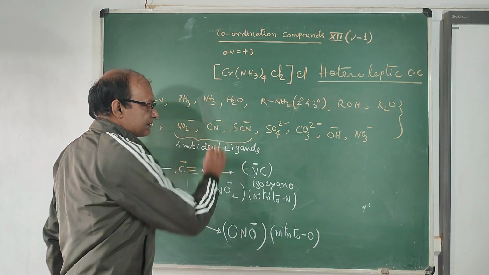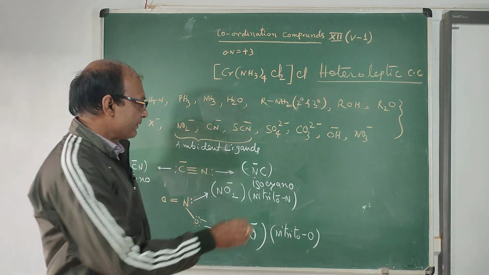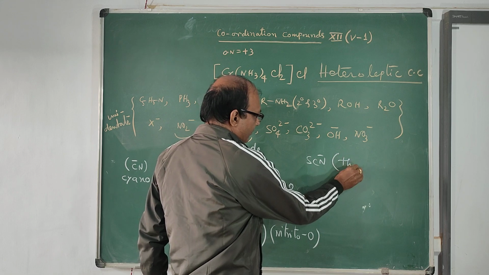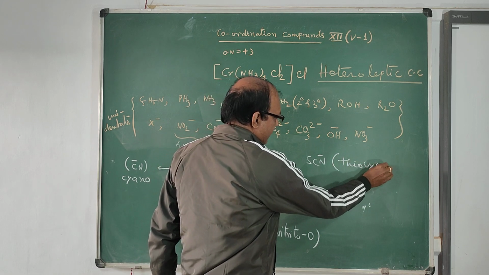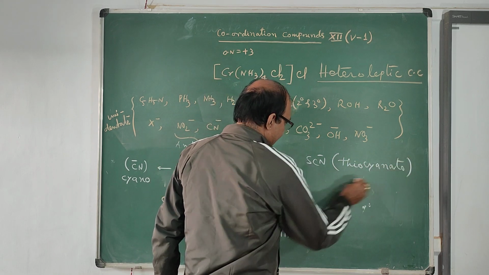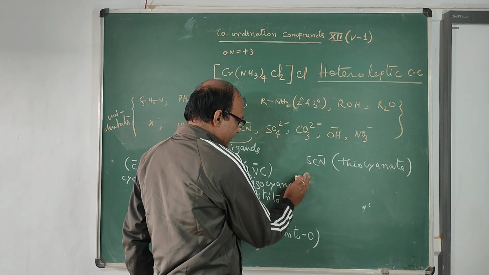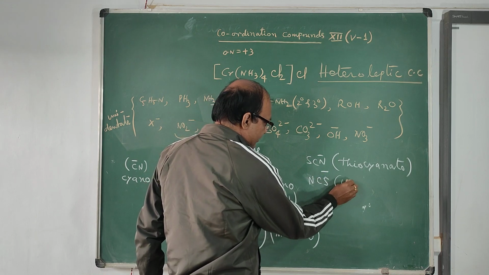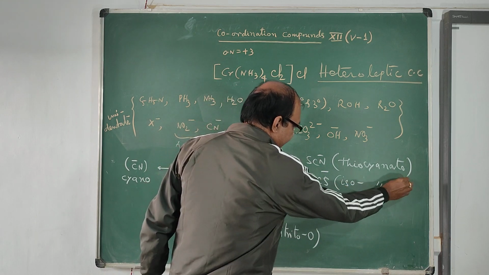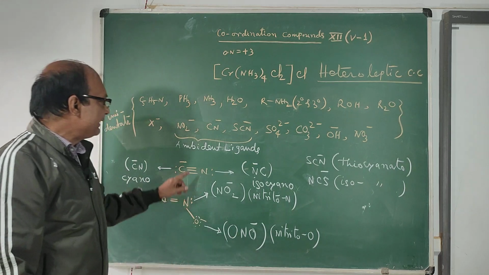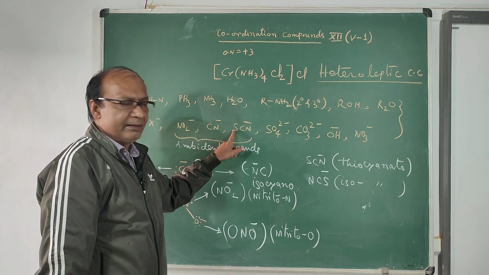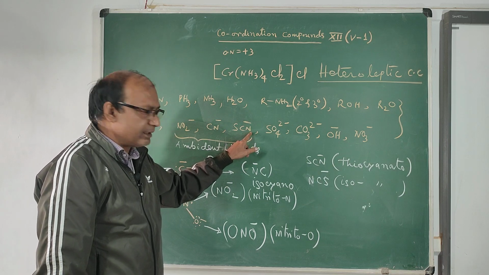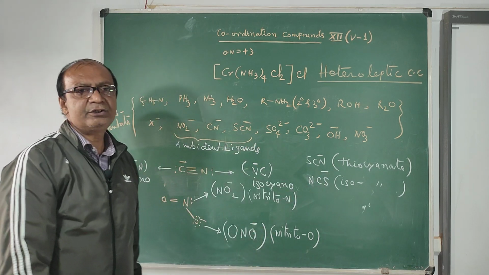Similarly, SCN minus is thiocyanate, and NCS minus is isothiocyanate. When bonding takes place through sulfur, it is thiocyanate. When the bonding takes place through nitrogen, it is isothiocyanate.